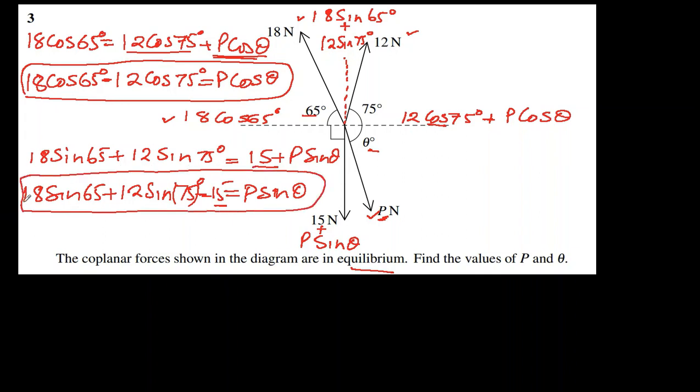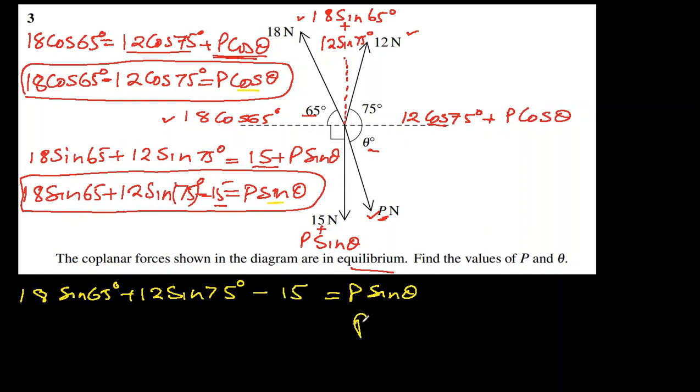Whenever we have two equations in the form of sine and cos, divide the equation with sine by the equation with cos. So let's do it. I will write P sine theta here, and its left side will be 18 sine 65 degrees plus 12 sine 75 degrees minus 15.